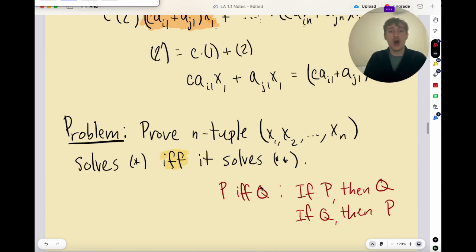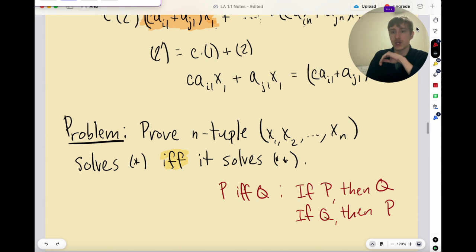So I have to show that if the n-tuple solves star, then it has to solve double star, and that if the n-tuple solves double star, then it has to solve star.